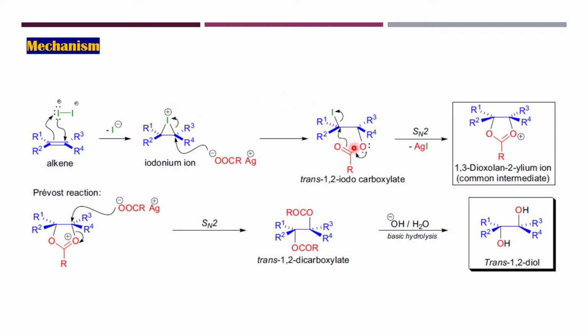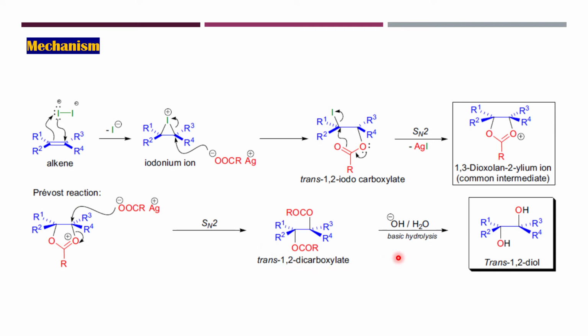Again, one can think of an NGP type of attack from the carboxylate taking place and displacing the other iodine, leading to the formation of a 1,3-dioxolanium ion, and this, when it is further attacked by the carboxylate ion of the silver carboxylate, this would be an SN2 type of attack and leads to the formation of the trans 1,2 dicarboxylate.